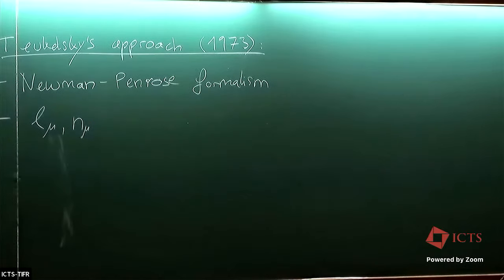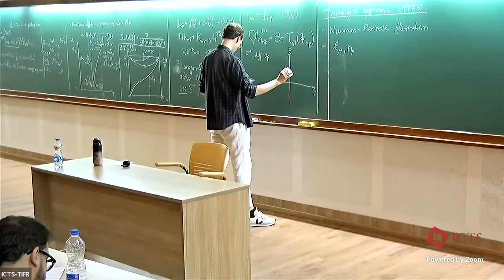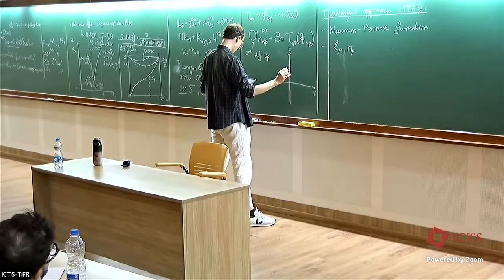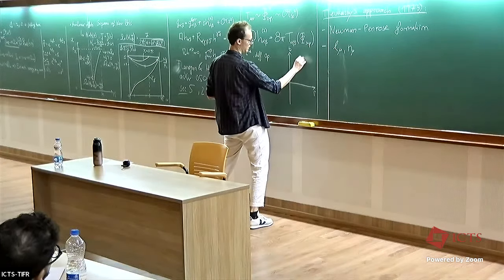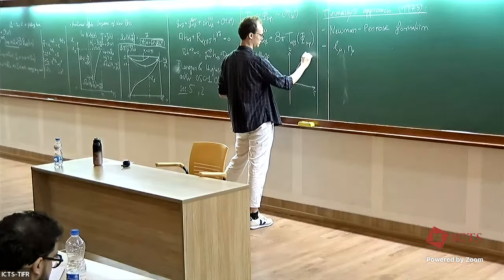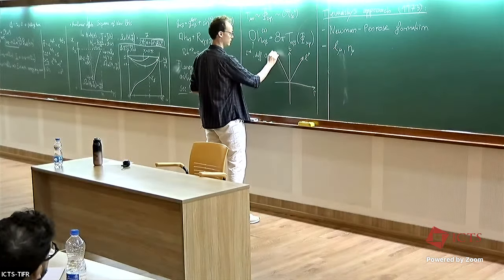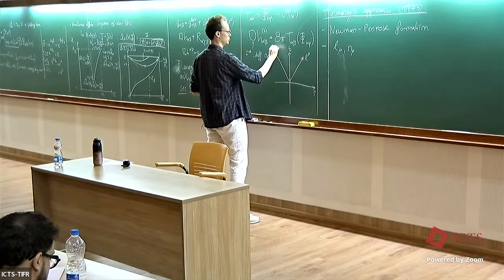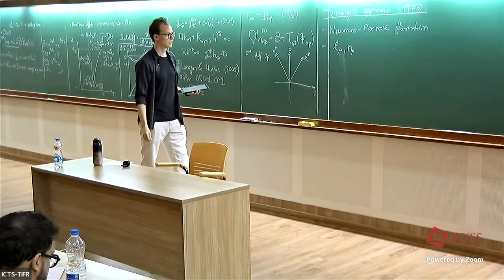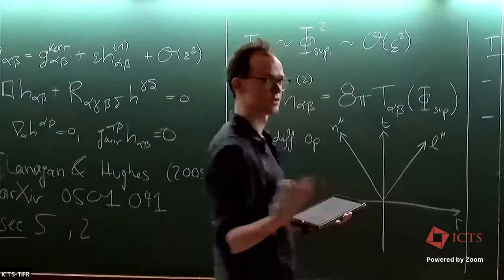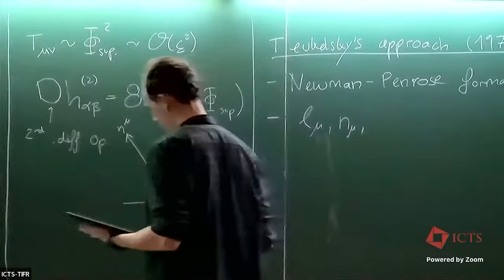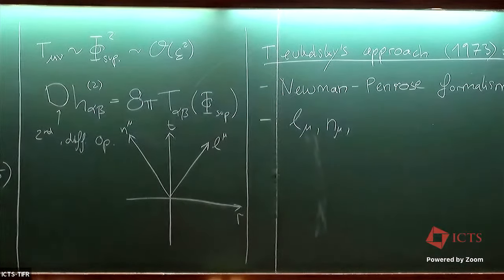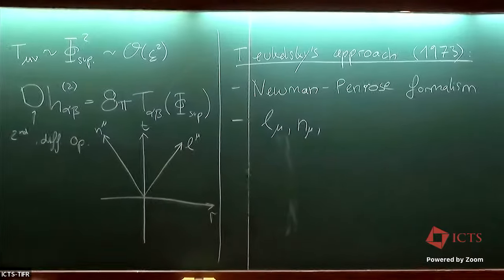Okay, so we have time t, radius r, and then we define L to be outwards pointing, and N is inward pointing. Okay? So the square of each individually is just 0. But then to complete this, we would have to come up with somehow a null vector in the other directions.